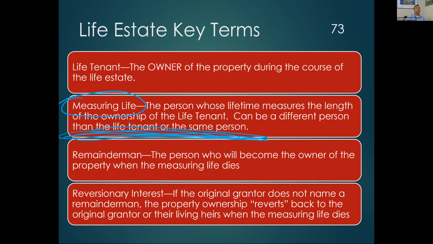Does the remainder man take on that debt? Just like any other transfer of ownership, the debt is attached to the property. And so the new owner, if they wanted to continue to own the property, would need to pay off the debt. Otherwise, the property could be foreclosed as a result of not paying the debt. Because the debt is not attached to the person, it's attached to the property.